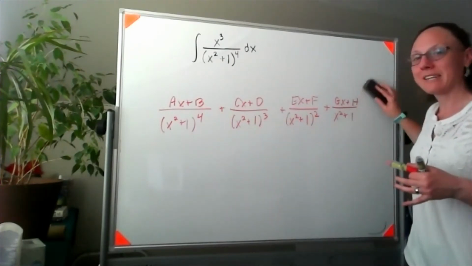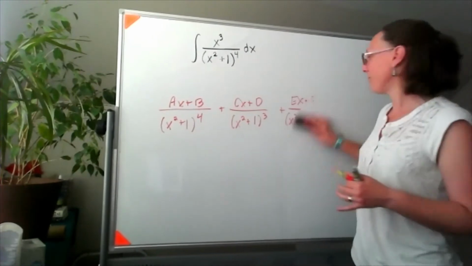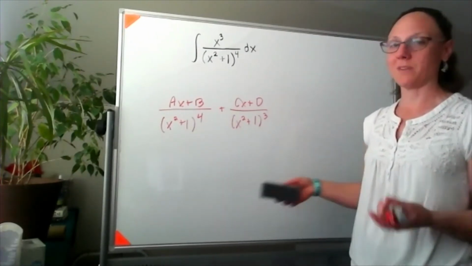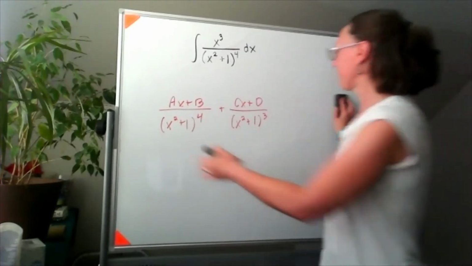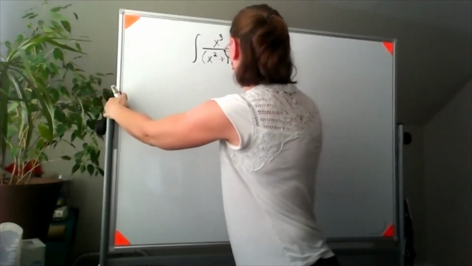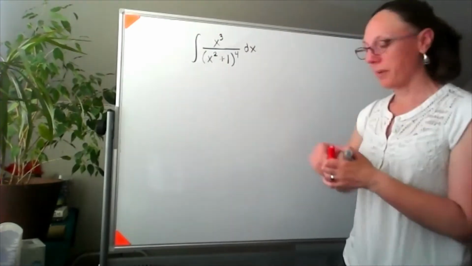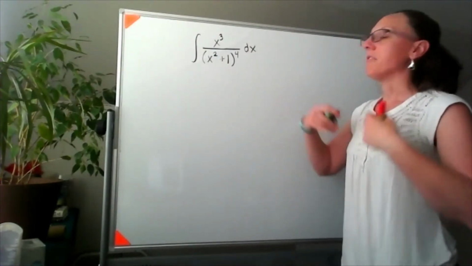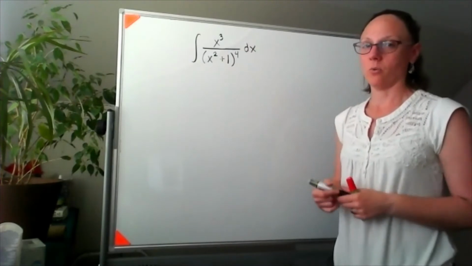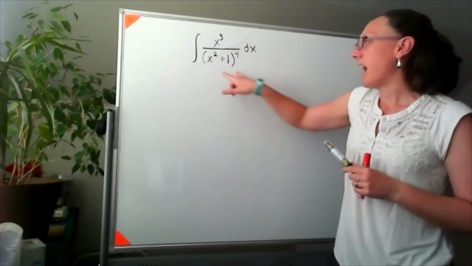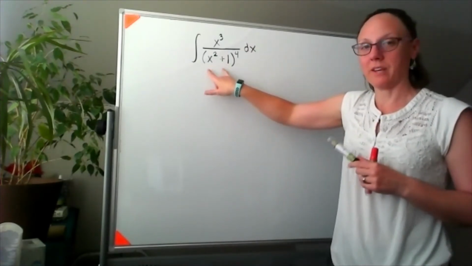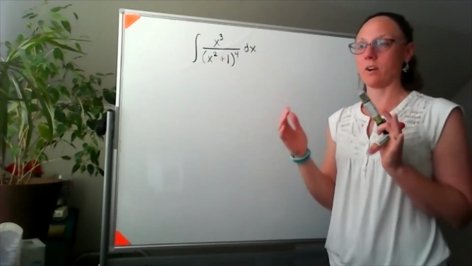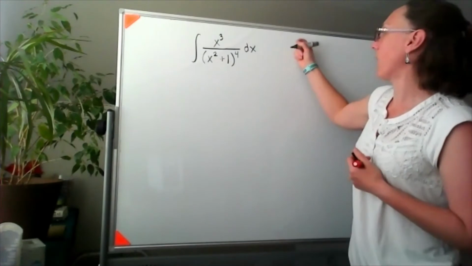And when I find myself going, there must be another way, usually there was a u substitution that at least would help as an intermediate step. So I'm going to go back to this and say, well, if I had to pick something to be u, I'm probably going to pick the piece that's sort of the messiest, which is that x squared plus 1 raised to the 4th power.